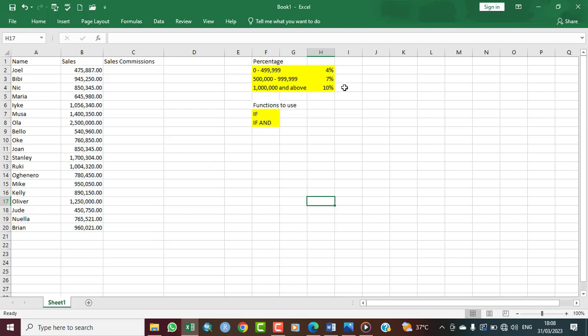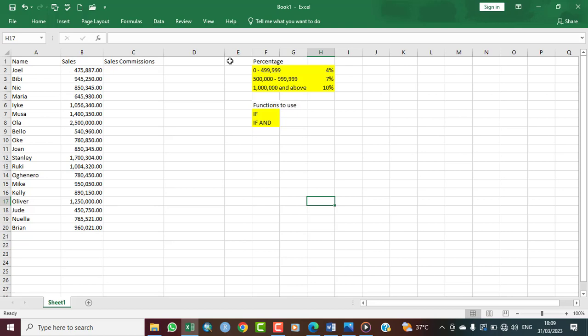This is the percentage accruable to the sales. Any salesperson that sells between 0 to 499,999 goes home with 4%.